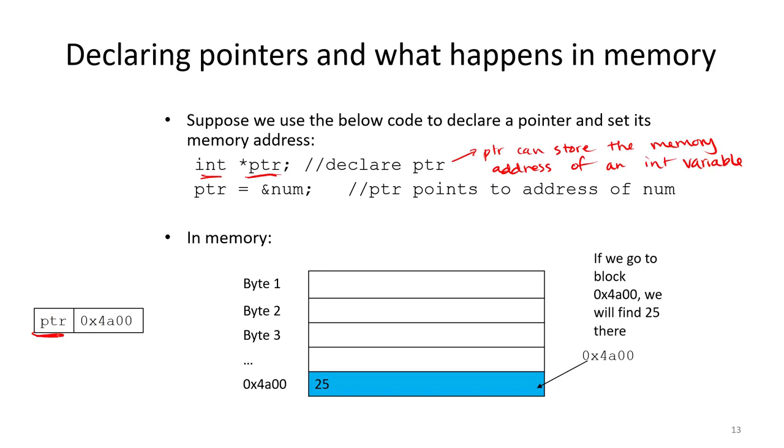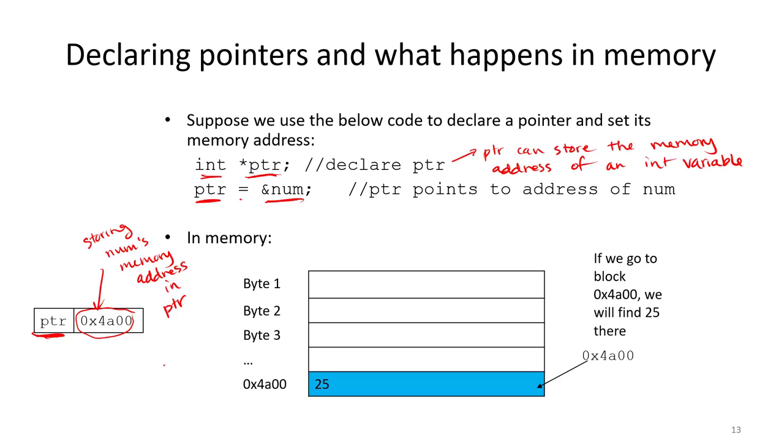So here, for example, is our int ptr, and notice if I say ptr equals ampersand num, then what I'm doing is storing num's memory address in my variable ptr.